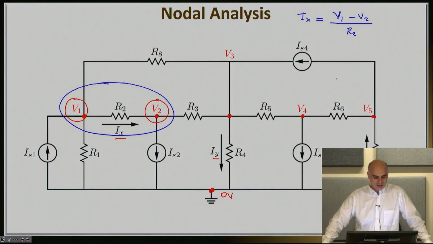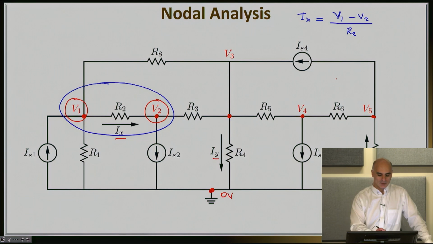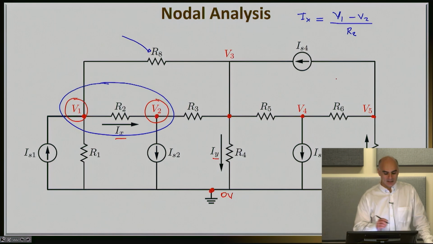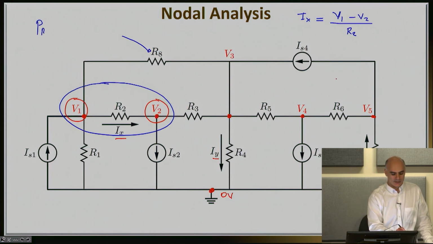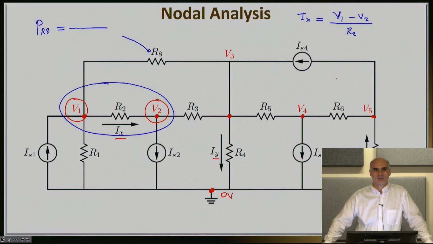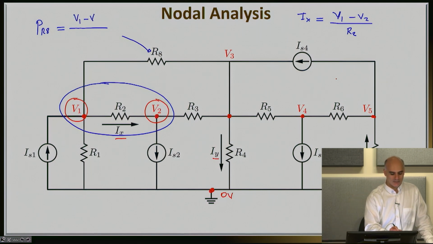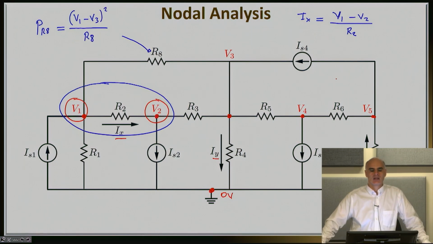Similarly, if somebody said, calculate how much power does this resistor here, R8, consume, I can still go ahead and find it. Why? Because the power that the resistance R8 will consume will be equal to the voltage drop across the resistance R8, which will be V1 minus V3 squared, divided by the resistance itself, R8. So let me repeat this once again.